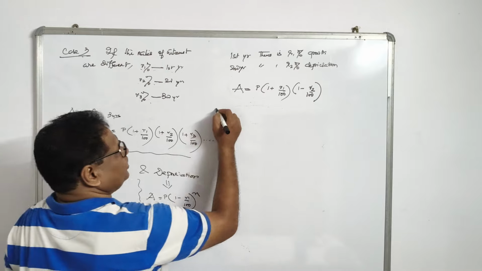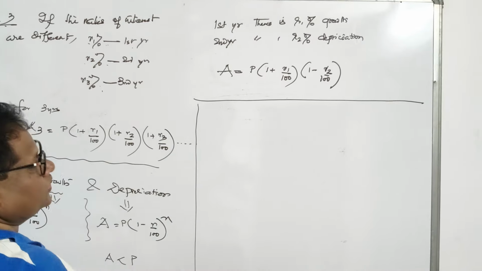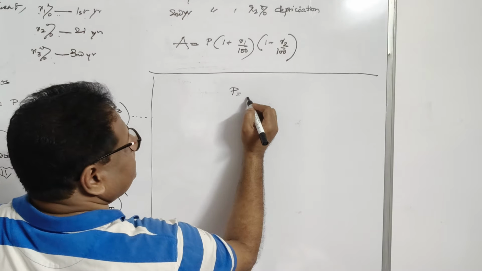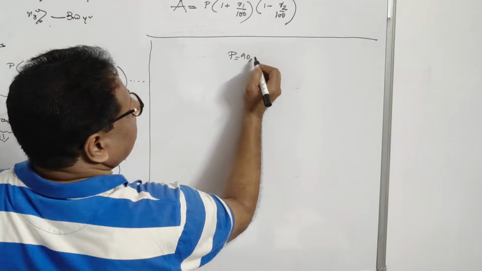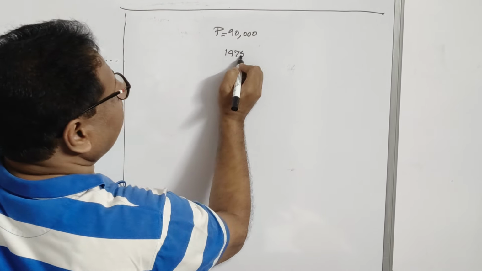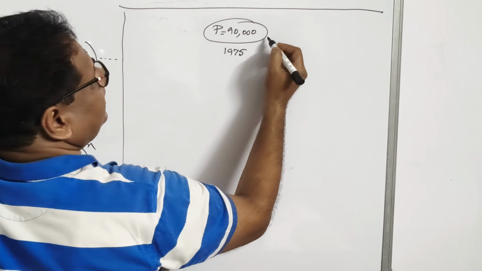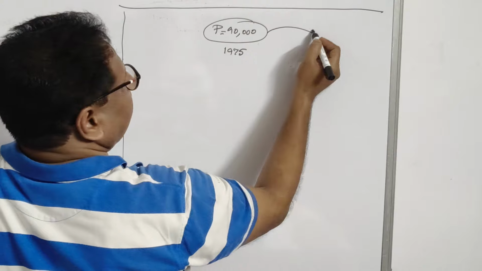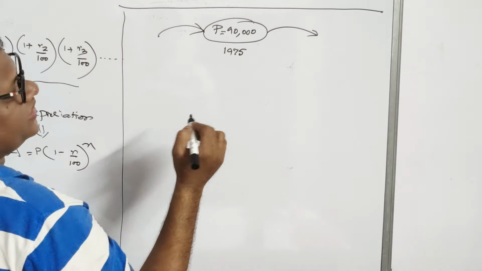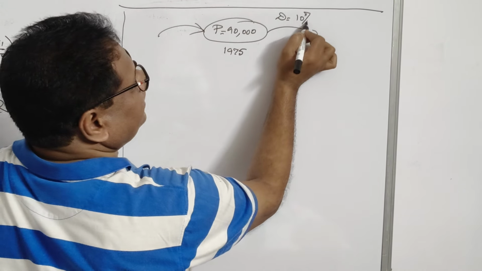Now one question based on depreciation. The population of a town is, suppose, 90,000 in the year 1975. The growth rate is not given; the depreciation rate is given. The depreciation rate is 10% every year.